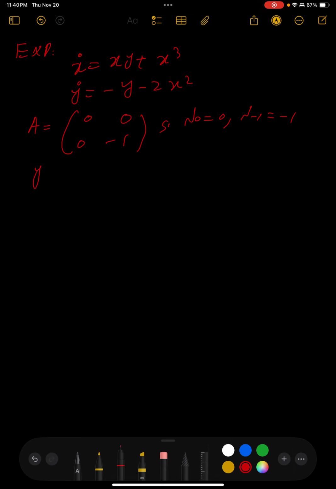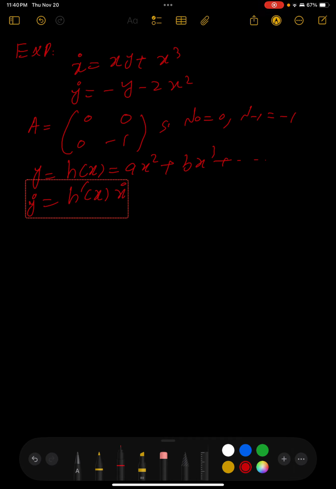So we will say that y is actually h of x, which is ax squared plus bx cubed plus so on. So when we have y dot is h prime and x dot, we will end up with a value of a, which is a equal to minus 2.